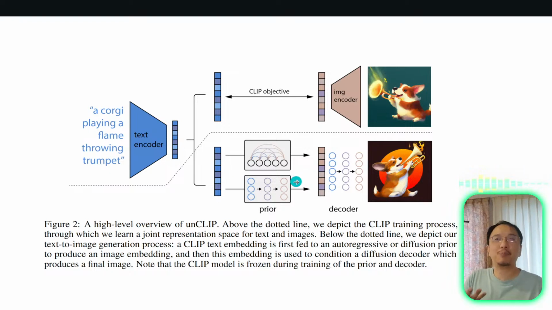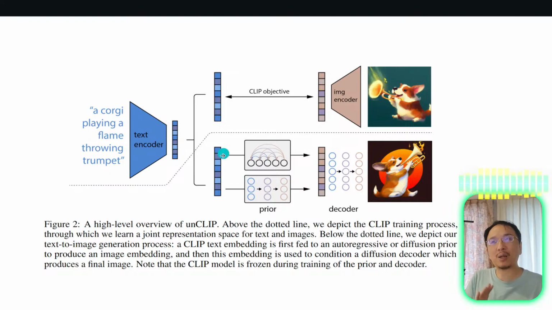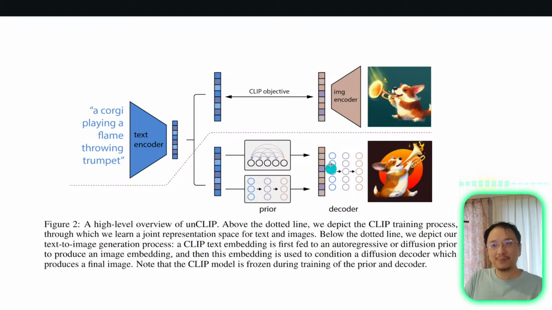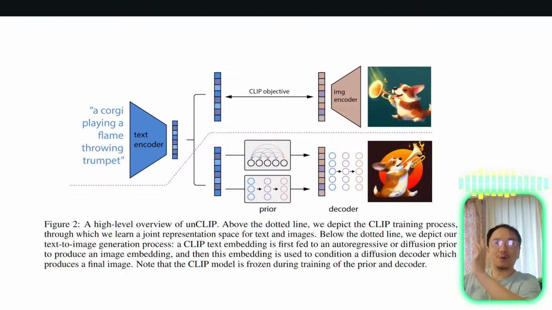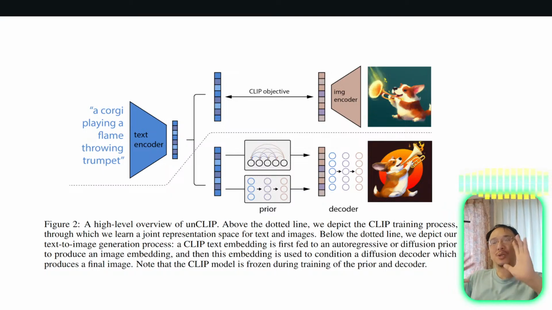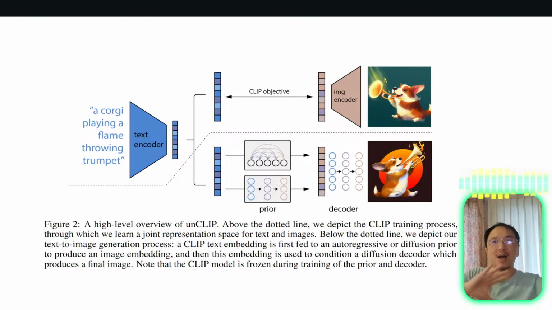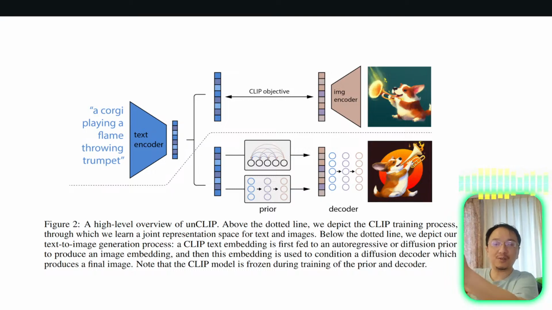It uses a diffusion model to generate the image encoding from the text encoding. Then it uses another diffusion model as a decoder to generate the image from the image encoding. So that's what unCLIP does. It does not generate the image directly from the text encoding. Because CLIP has two types of encoding, text encoding and image encoding, it generates the image encoding from the given text encoding.